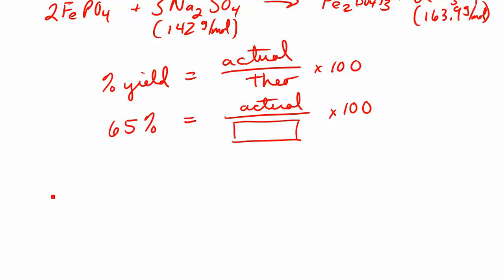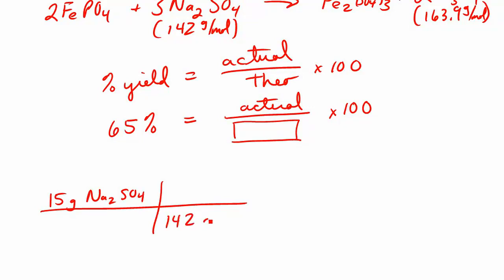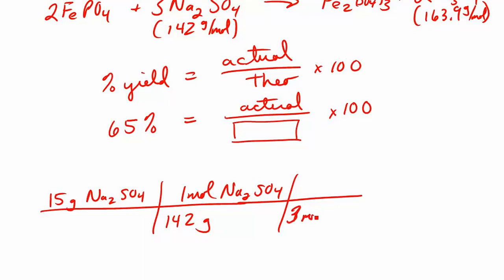So 15 grams of the sodium sulfate going to moles. And then we got 3 moles of sodium sulfate to 2 moles of sodium phosphate, and then back to grams.